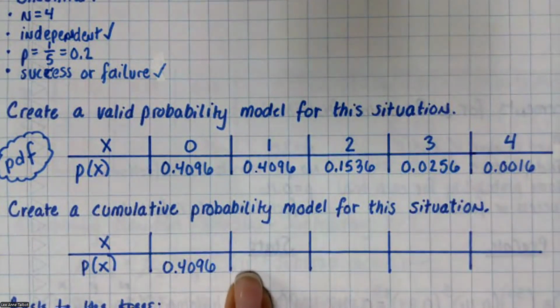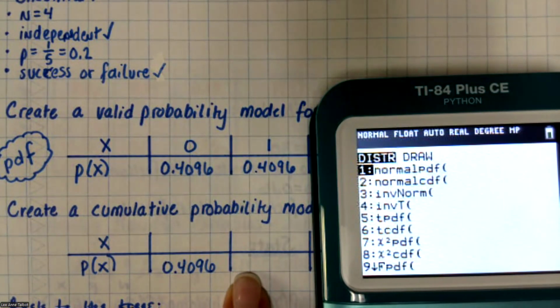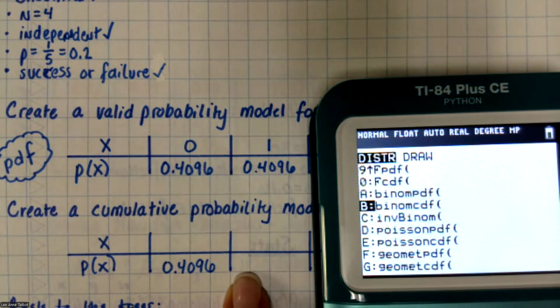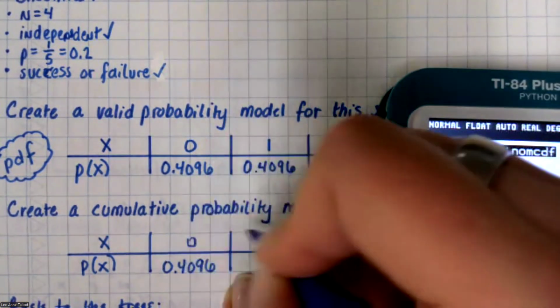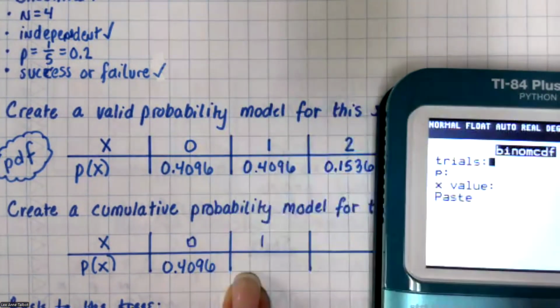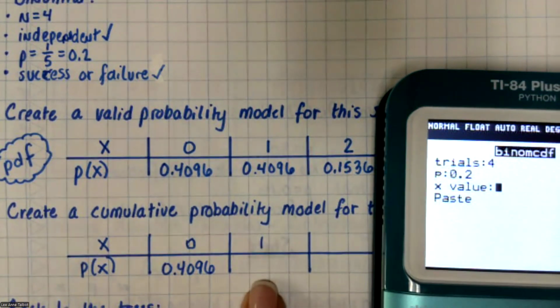Try it out. The number of trials is still 4, the probability still 0.2. Now the X value I'm interested in here is 1.